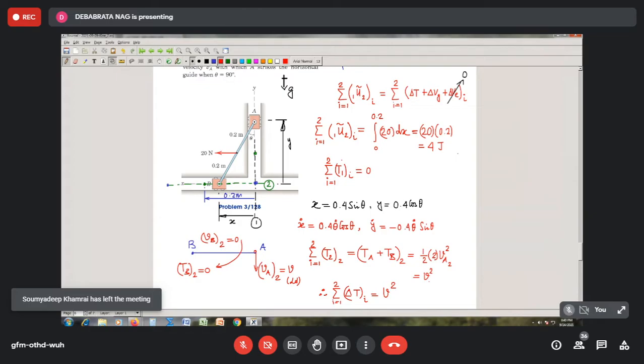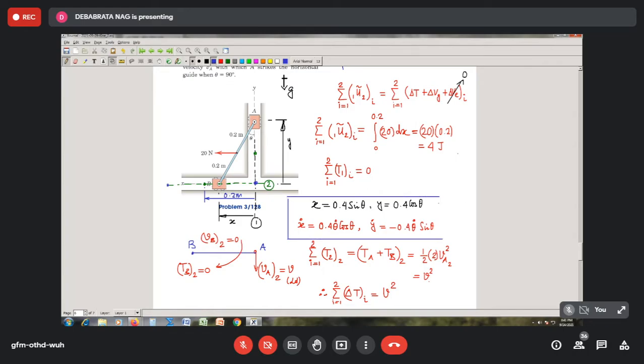I repeat: at position 1, all these velocities were equal to 0, and at position 2, I have only the velocity of block A, no velocity for block B. This calculation establishes this relationship.